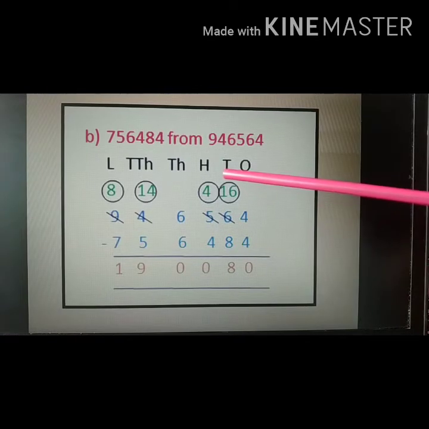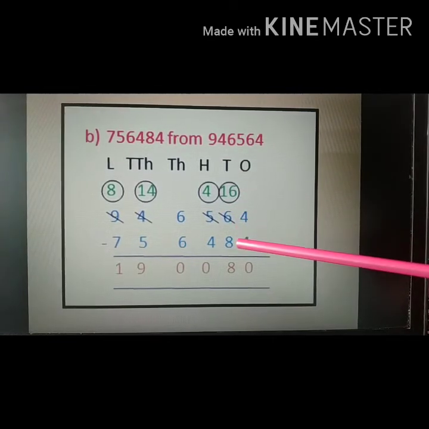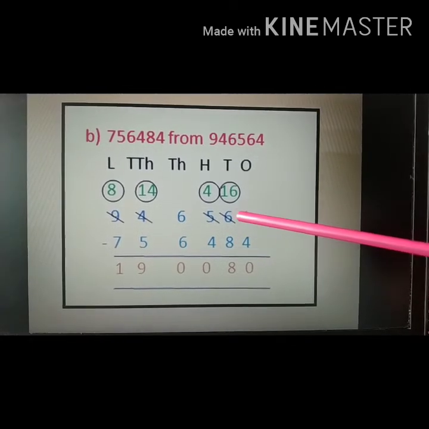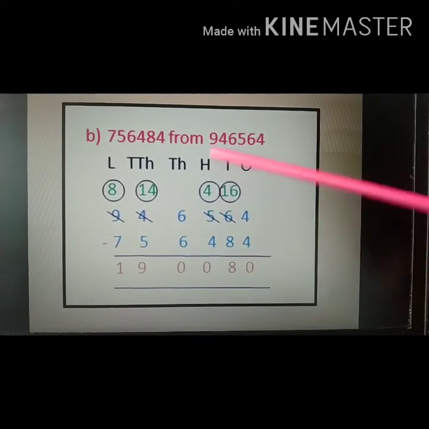Now moving to the left side at tens place, we are having 6. 6 minus 8 is not possible. So what will we do? We will borrow one from the next friend, the 100 place.